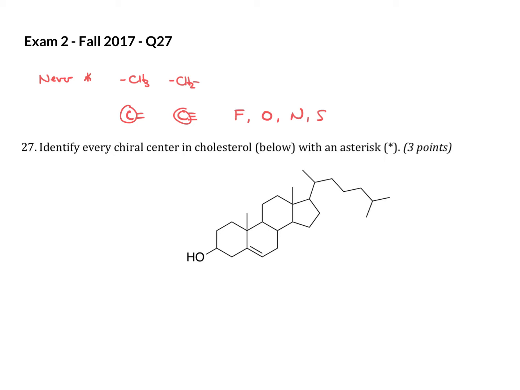So I'm going to go through and basically eliminate some of these things with just a red highlighter. You can forget about the oxygen. You can forget about any of the CH2 groups. You can forget about any of the CH3 groups.